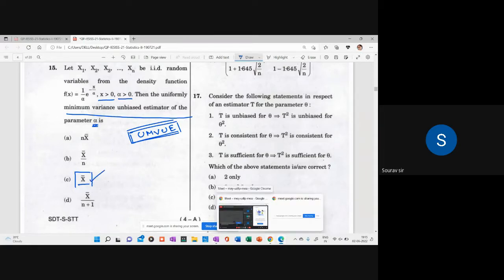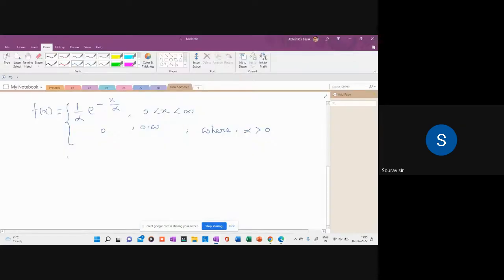Let's see what the distribution of X bar is going to be, and check the mean, whether it is unbiased or not. And this whole distribution is based on X1, X2, ..., Xn, which is a random sample of size n.